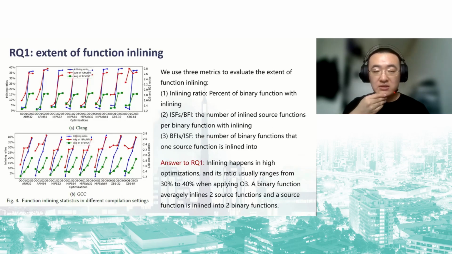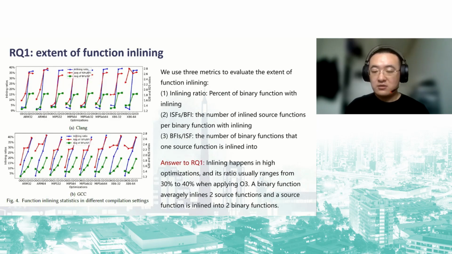And after constructing the dataset, we will first answer the first question, the extent of function inlining. We summarize the function inlining statistics in dataset 1 in different compilation settings in the left figure. And we use 3 metrics to evaluate the extent of function inlining. The first is inlining ratio, that is the percentage of binary functions with inlining. And the second is the number of inlined source functions per binary function with inlining.